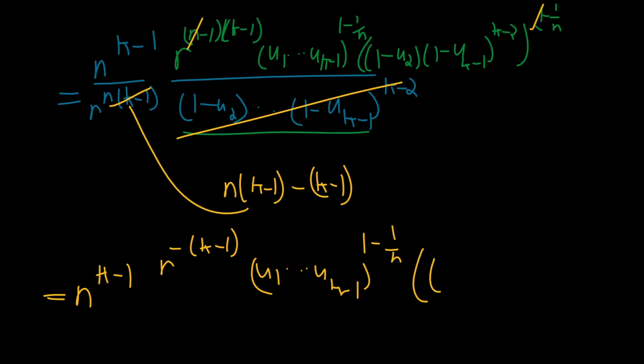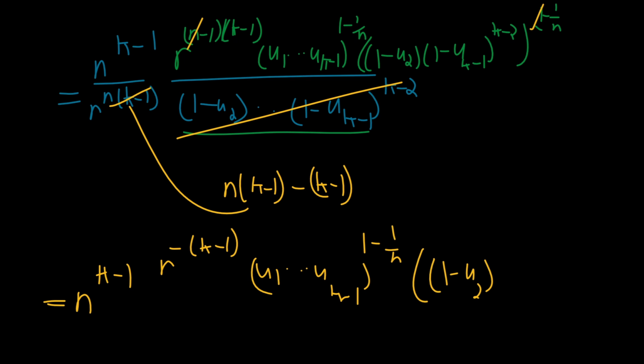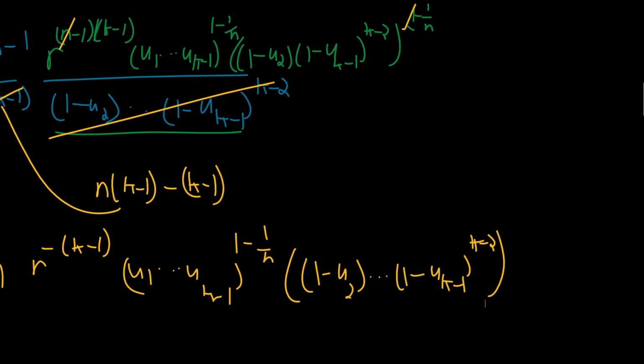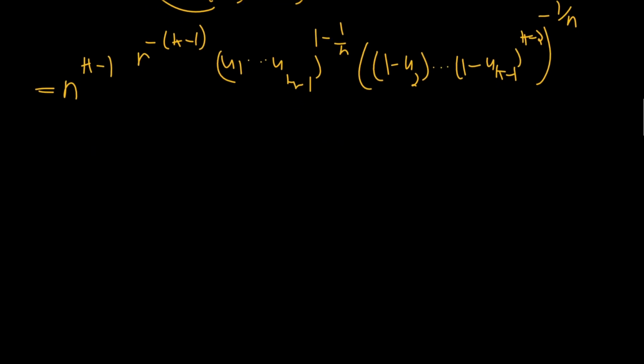So we have our 1 minus u2, and then I'll write the dot dot dots. 1 minus uk minus 1 to the k minus 2, all to the negative 1 over n. And, ladies and gentlemen, that right there is our Jacobian, and we are not done yet.